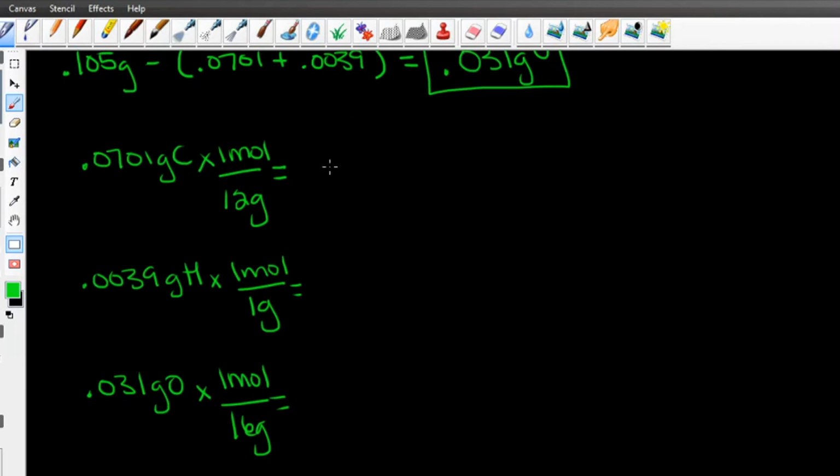0.0701 divided by 12. Don't round too early here because we don't want icky mole numbers. 0.0039, 0.00194. All right, I'm going to divide by my smallest.